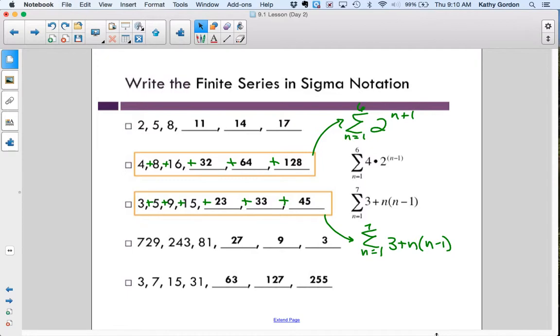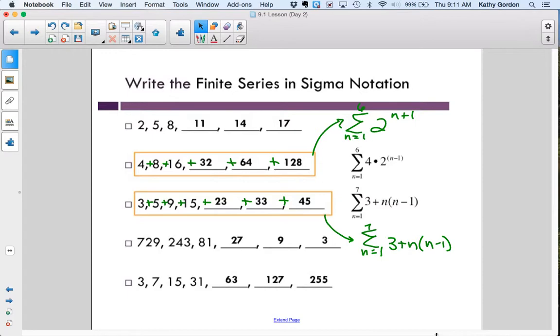Okay, so if you are given a brand new sequence that you're supposed to write sigma notation for the finite series of, the first thing you have to do is decide what should the function be that represents what's going on in the sequence. You have to think of it as a sequence first. You have to think about what's the function going to be that's going to give me these different terms in this sequence.